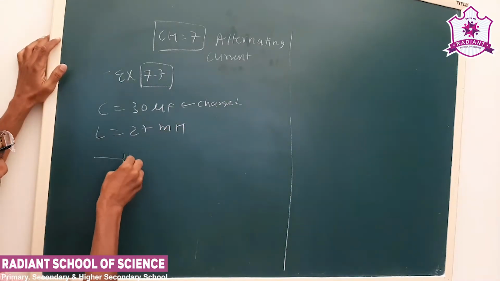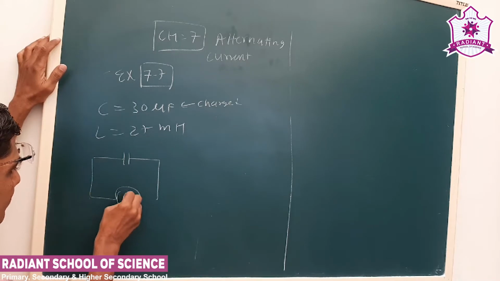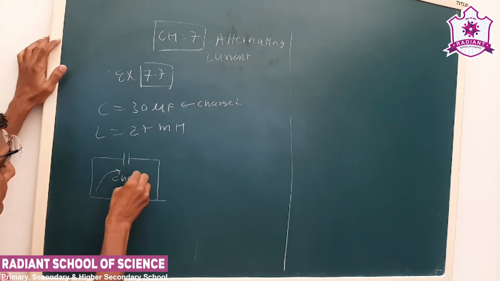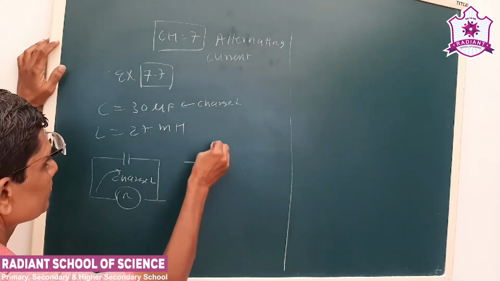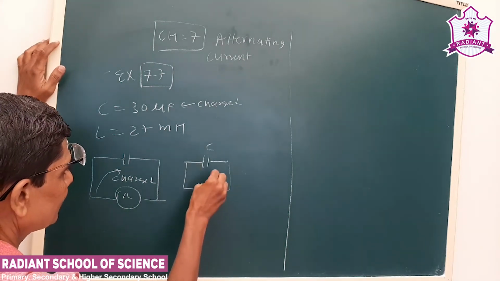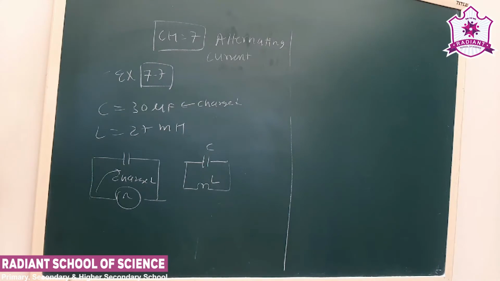What we can see here is that first the capacitor is charged, then the battery is removed and the inductor is connected. This is nothing but LC oscillation.